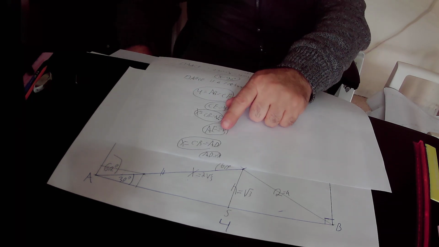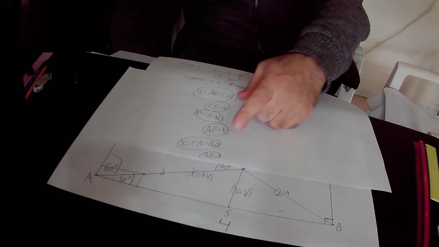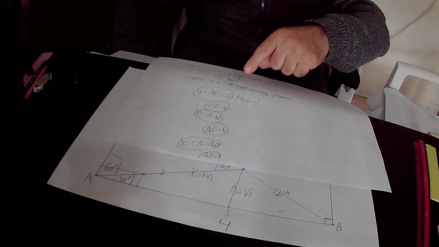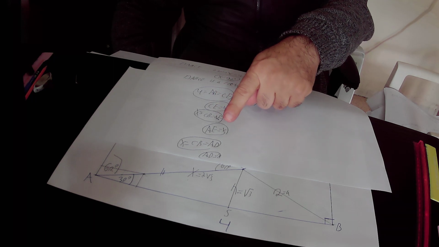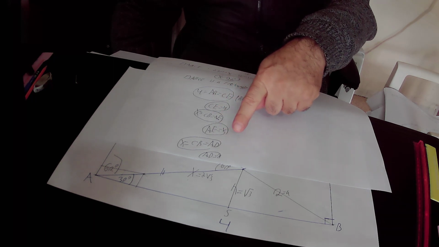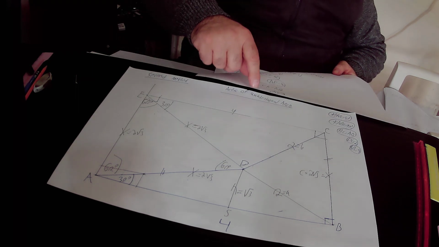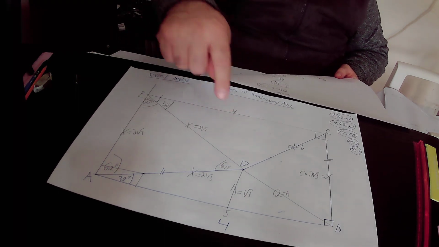But it is given in the question that CB equals AD, and CB equals x according to our definition. So from this equation we derive that AD also equals x. Here AD also equals x.